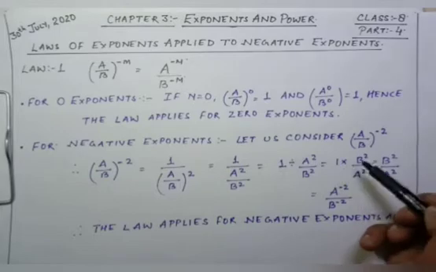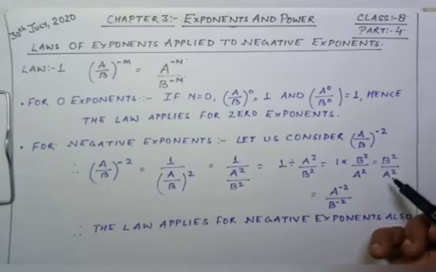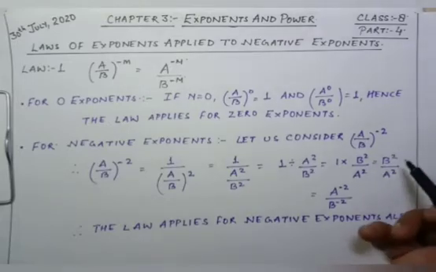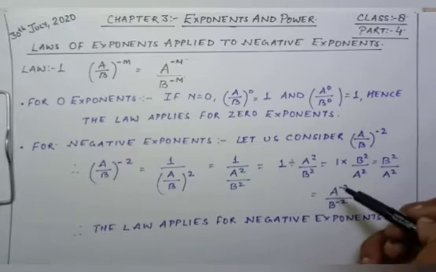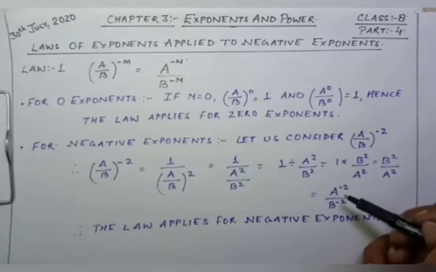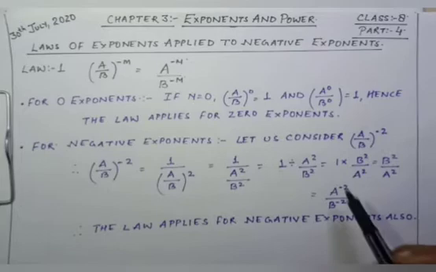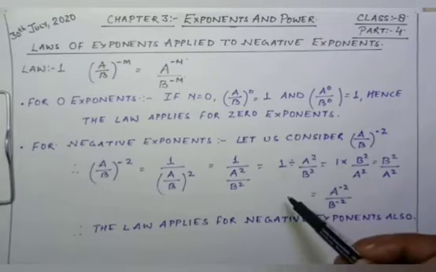So it will be 1 into b square upon a square is equal to b square upon a square, or if I want the power as negative, it will become a to the power minus 2 upon b to the power minus 2. Therefore the law applies for negative exponents also. I hope this much is clear to everyone.